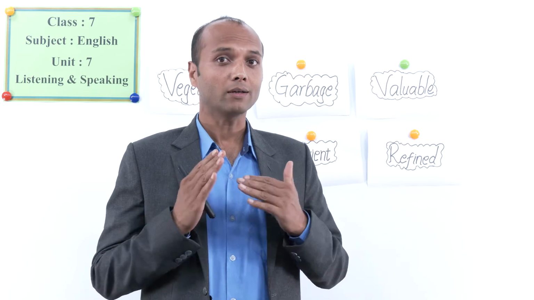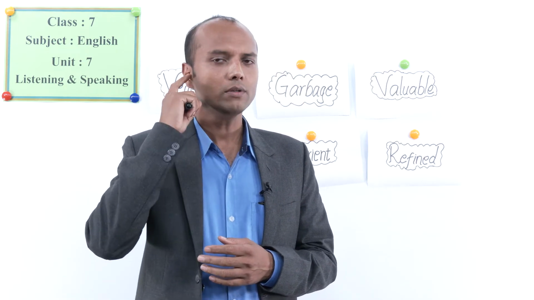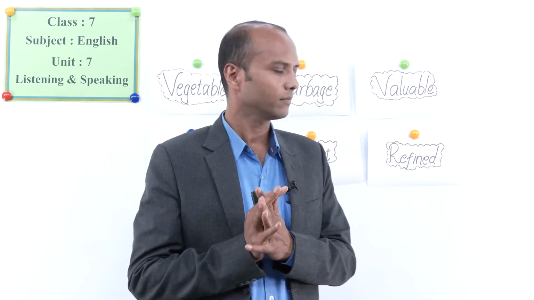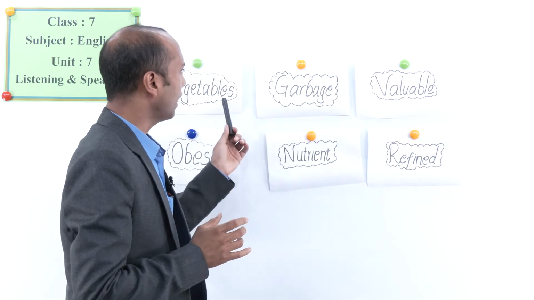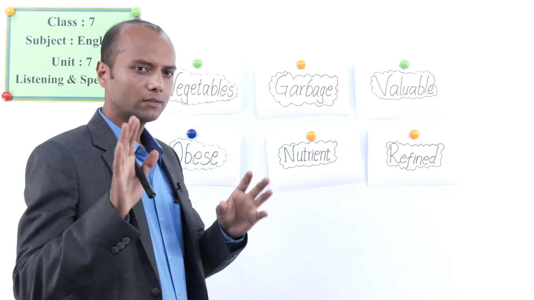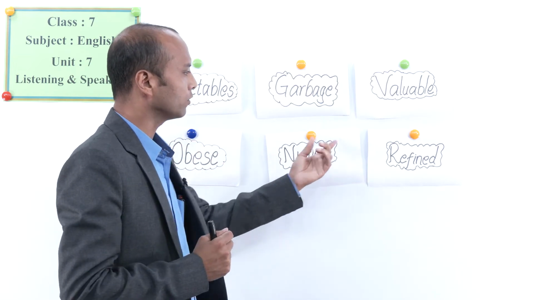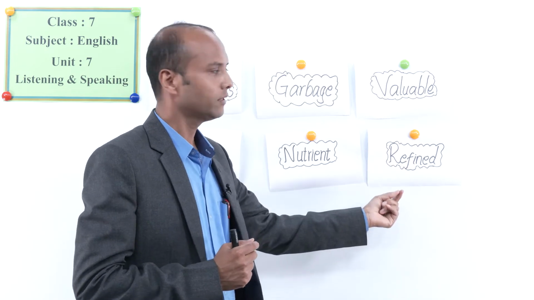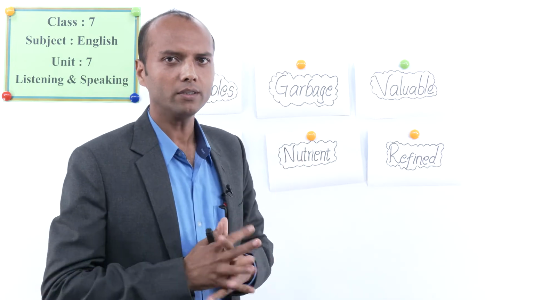Now, I'll play the audio, and you have to listen to the words, and then tell me which words I have to take out. For example, I have 6 words pasted here on the board, and the word that you tell me, I'll take out. For example, if you tell me to take out the word defined, I'll take it out. If you tell me to take out this word, I'll take it out. Did you get my point?